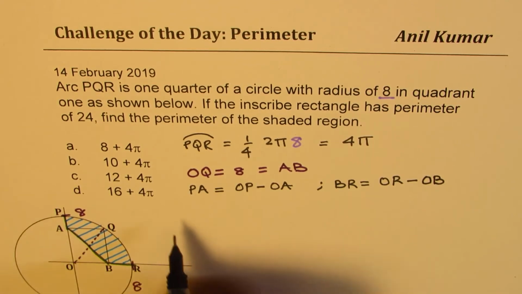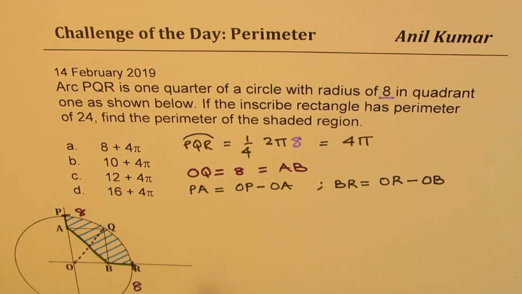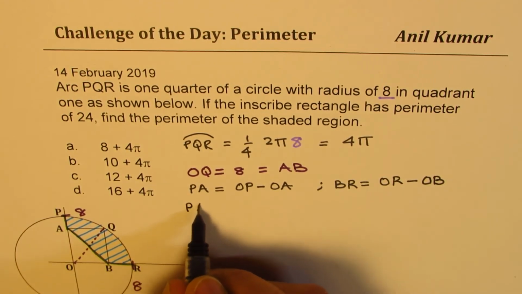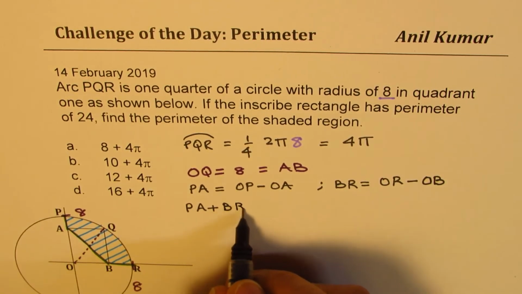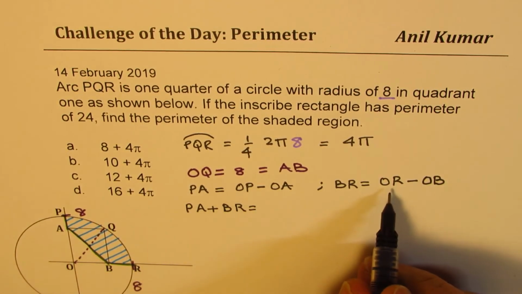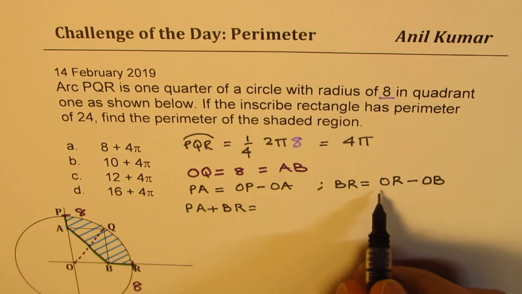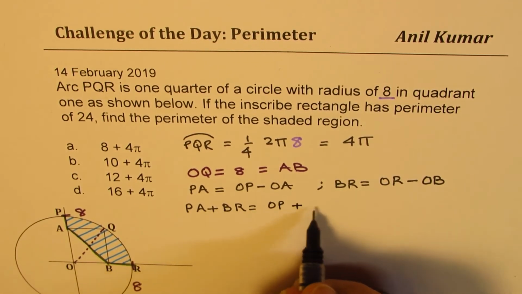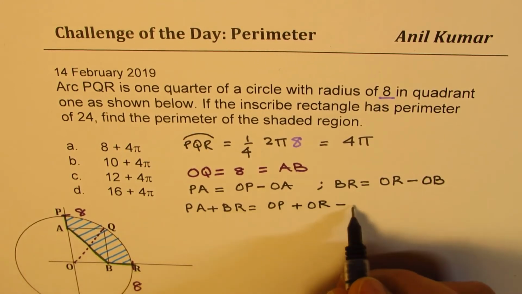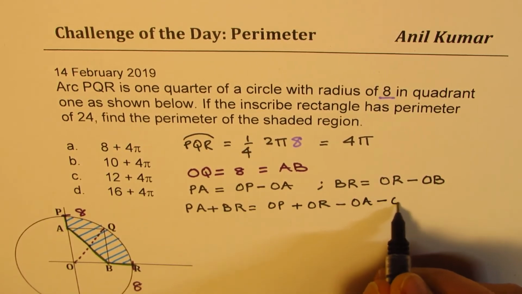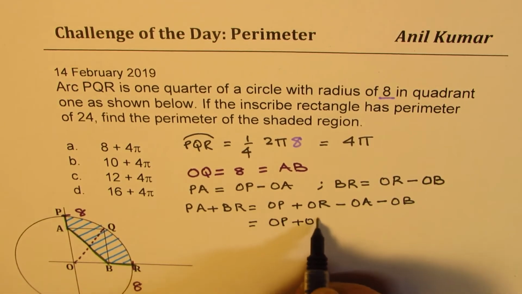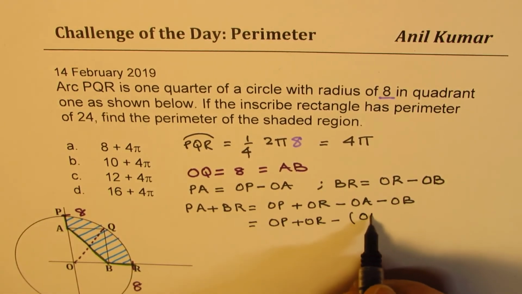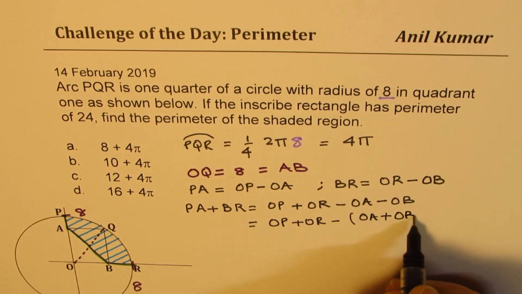So let's see the rectangle part. When you add this, let me say what PA plus BR is. It is basically a combination of these, right? So OP and OR are known. So OP plus OR minus OA minus OB. That is to say, we can write this as minus of OA plus OB, right?